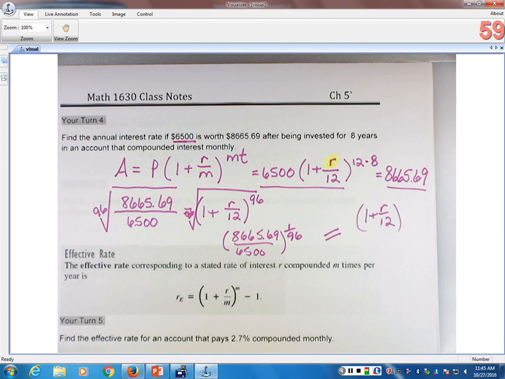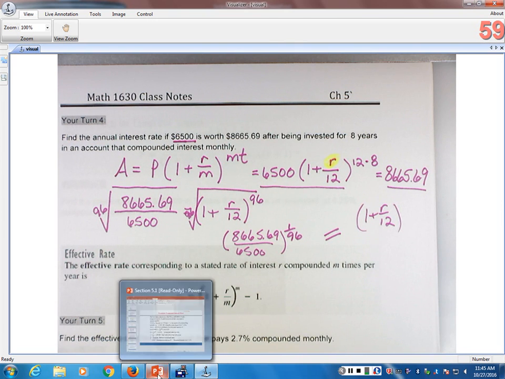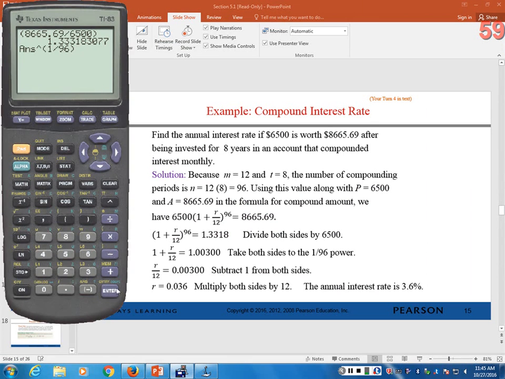That's what's going on here. And that gives me 1.003 and a whole bunch more numbers. And I need then to subtract 1 from both sides. And there's the interest rate.